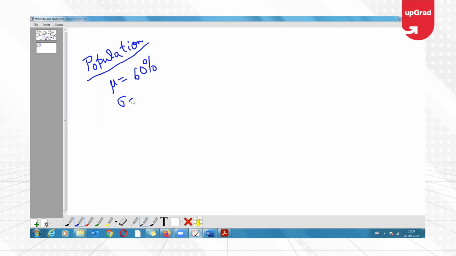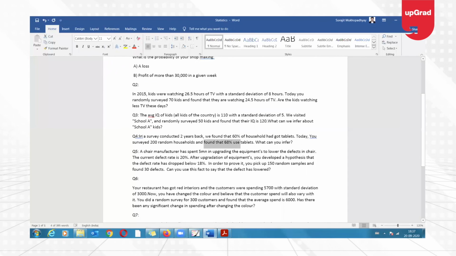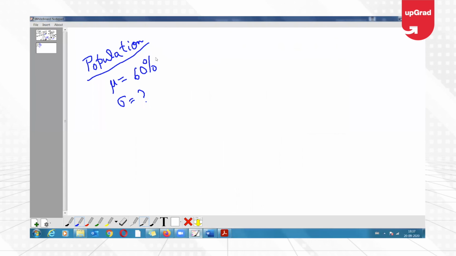And the standard deviation is, oh, we don't have any standard deviation. Also, the problem looks a bit new. So far, we have been dealing with whole numbers. Now we have suddenly got a percentage. Neither do we have any standard deviation. So we have to do something about this.